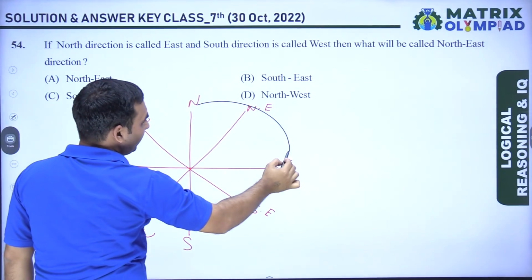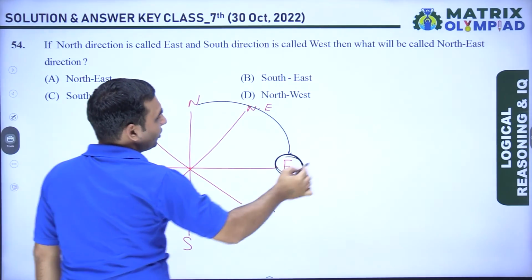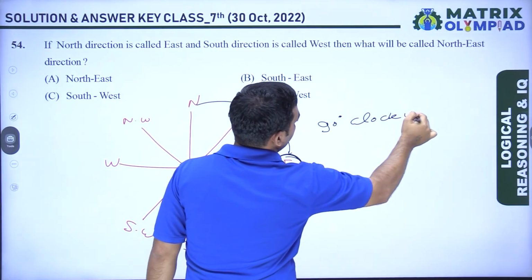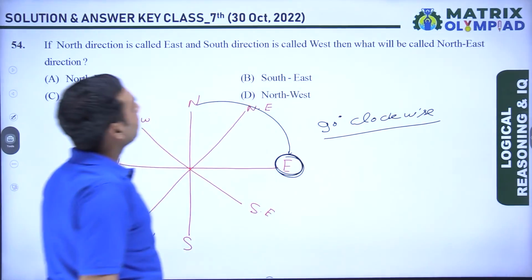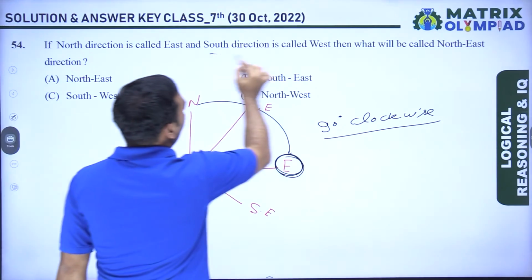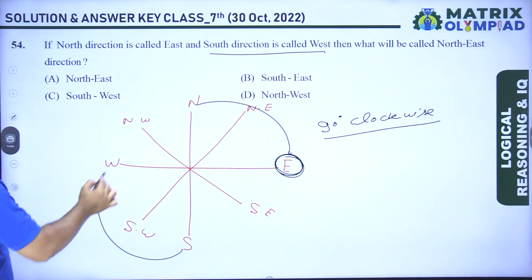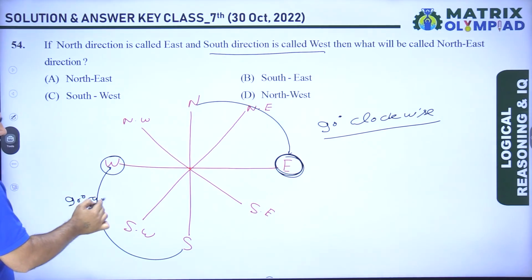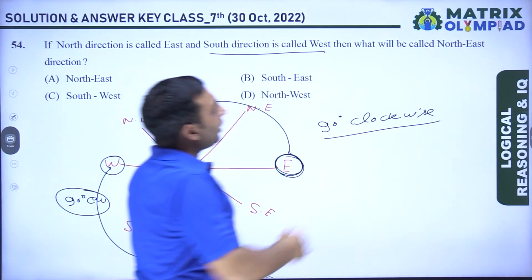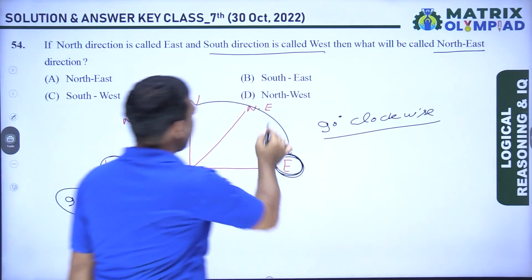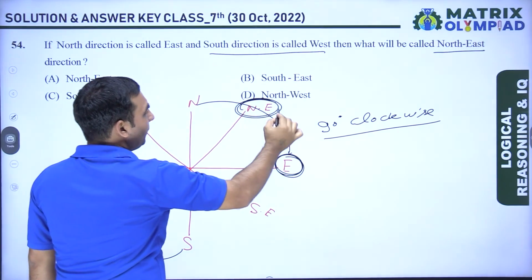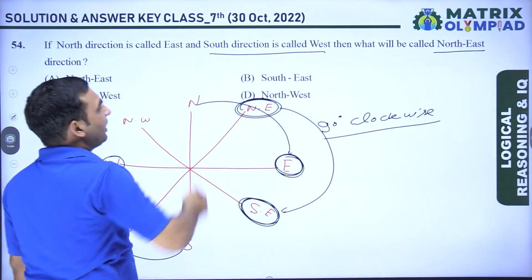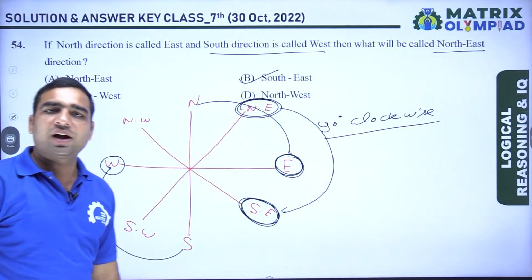If north is called east, then our direction is rotated 90 degrees clockwise. Then south is called west. Our logic is confirmed. All directions are rotated 90 degrees clockwise. What will be called northeast? Our northeast direction is this. If we rotate this direction 90 degrees clockwise, we reach southeast. Our answer is southeast. Option B is the correct answer.